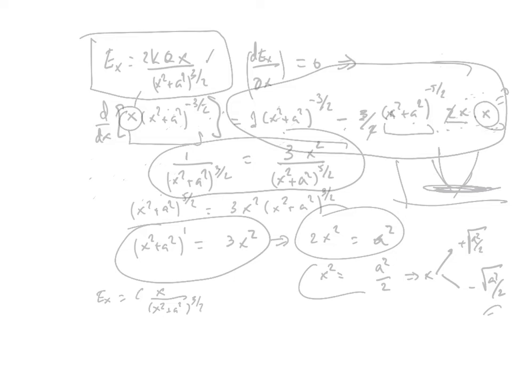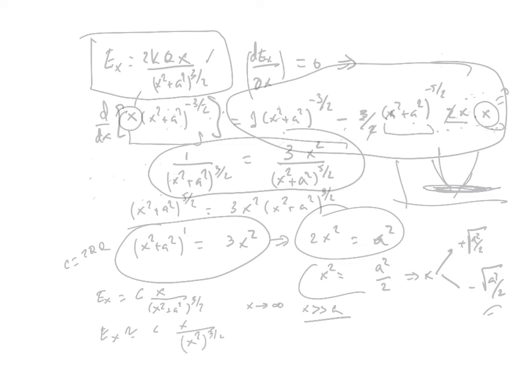There is a constant here, c, that is 2kq. When x goes to infinity, or x is very, very big compared to a, this electrical field is very similar to cx divided by x squared elevated to 3.5.